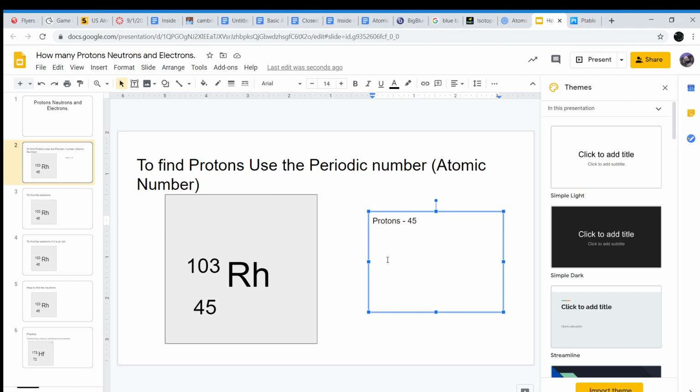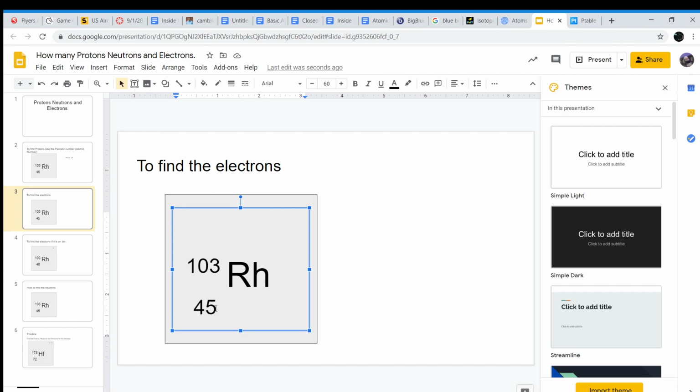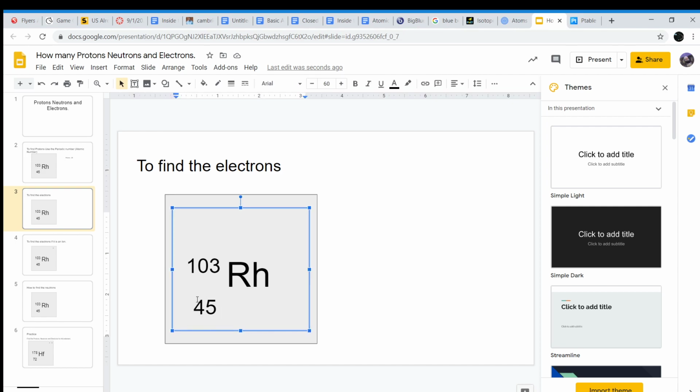Next, we'll look to find the electrons. In general, if you have a compound like this, the number of electrons is going to be the periodic number plus or minus some electrons for the charge.